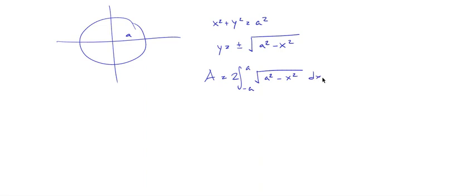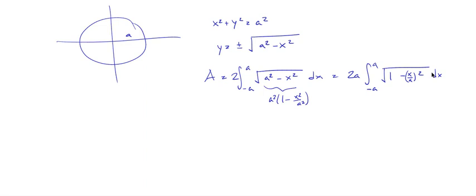So let's see, as we have seen before, we can take a common factor a squared. So this becomes a squared times 1 minus x squared over a squared, and we take a outside of the root, and you have 1 minus x over a squared dx.